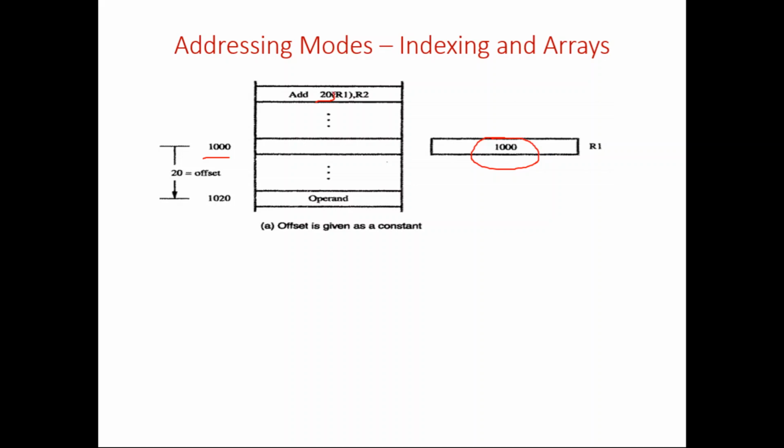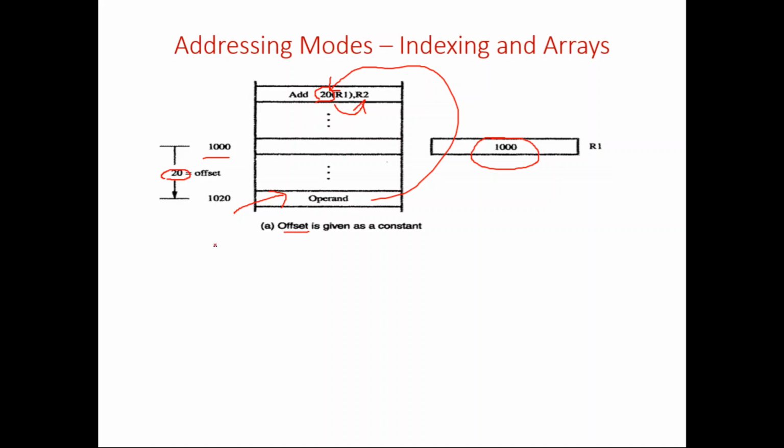This 20, this constant, we also call it an offset. Whatever you give directly is called a constant. So it will add 1000 with 20, that is 1020. So the operand will be fetched from this location 1020. The value at this location will be added with R2, and the result will be stored in R2.